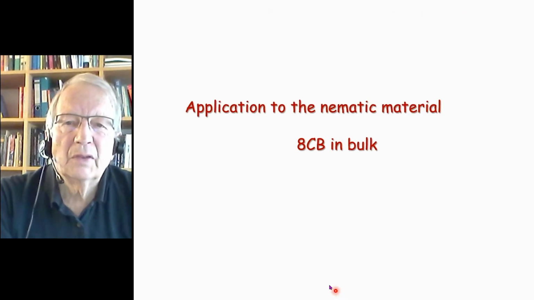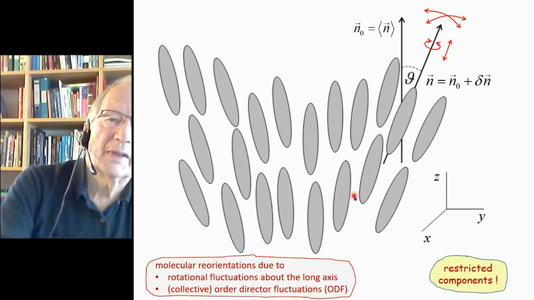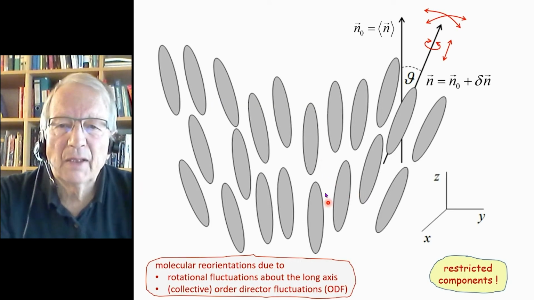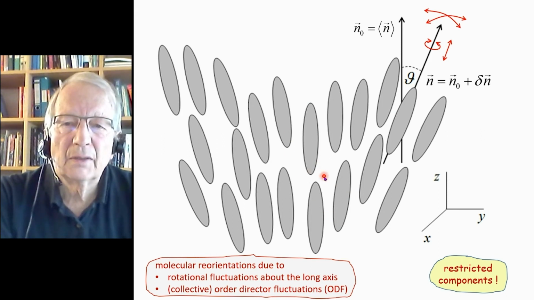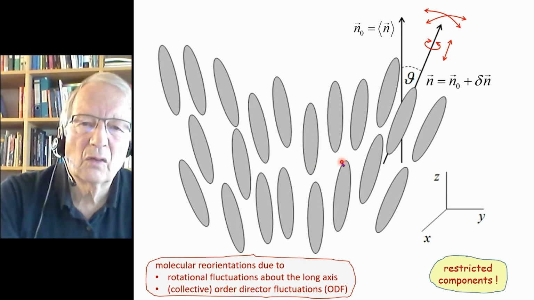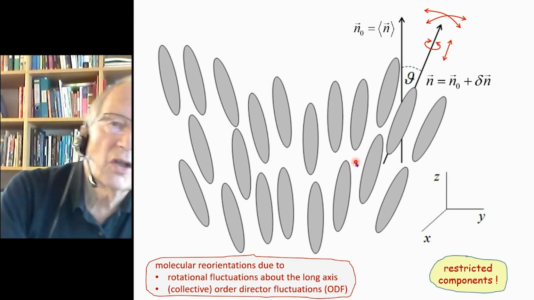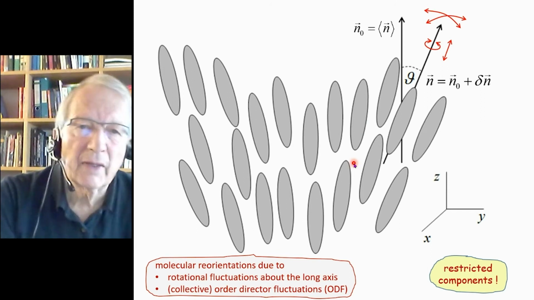However, with real materials, and in the following I will talk about the nematic material HCB, the situation is a bit more complicated. In a nematic material, we will have some orientation of these elongated molecules. There will be a certain preferential orientation given by the director.